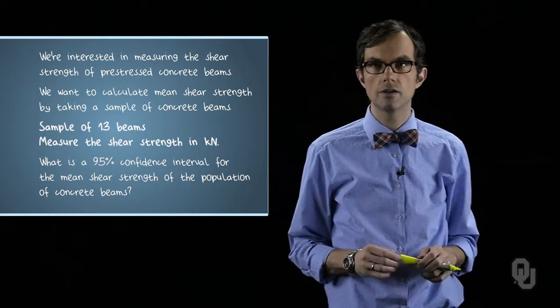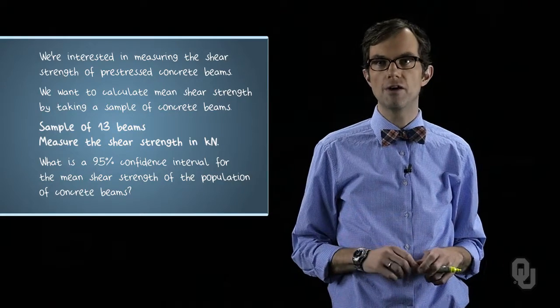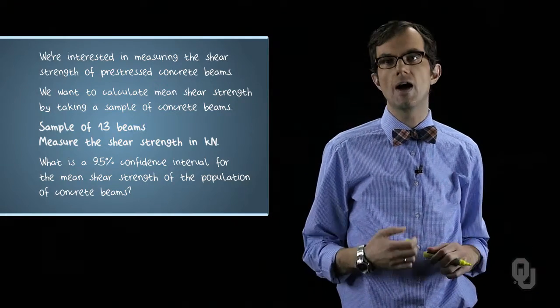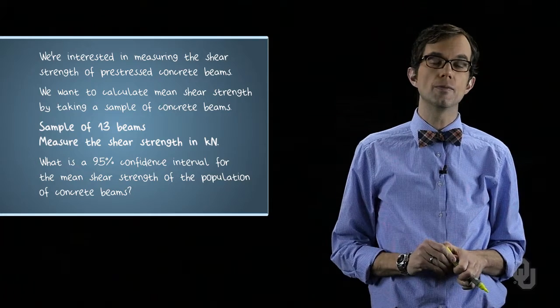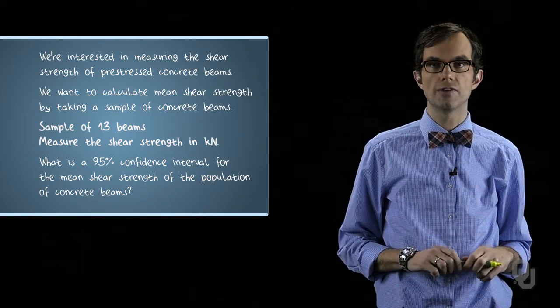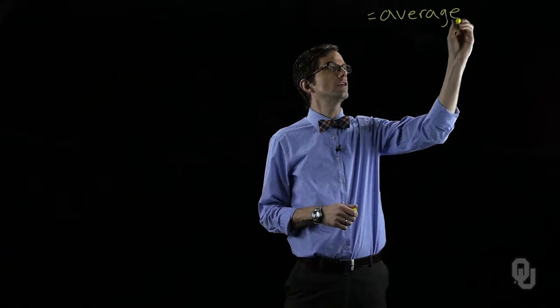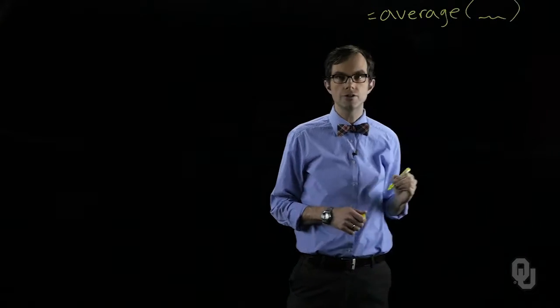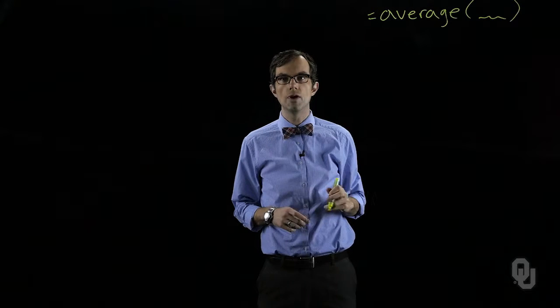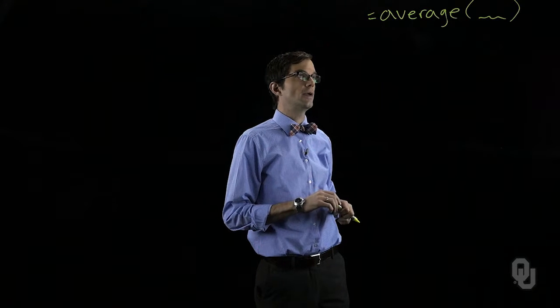So we have this data set in Excel, and we're going to take advantage of some Excel functions to help us find first the point estimate for the sample mean and also for the standard deviation. So if we use the average function in Excel, equals average of our data range, that will provide us with the sample average, the sample mean.